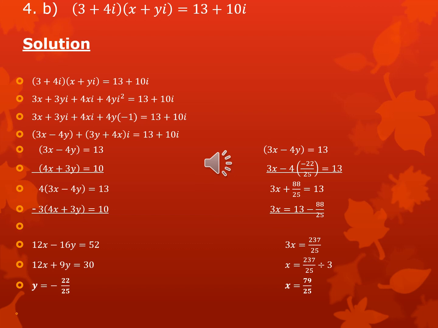So 3x is equal to 13 minus 88 upon 25, and that is simplified to 3x is equal to 237 upon 25. Now to make x the subject, we have to divide both sides by 3, and we get x is equal to 79 upon 25. So the final answer is x is equal to 79 upon 25 and y is equal to negative 22 upon 25.